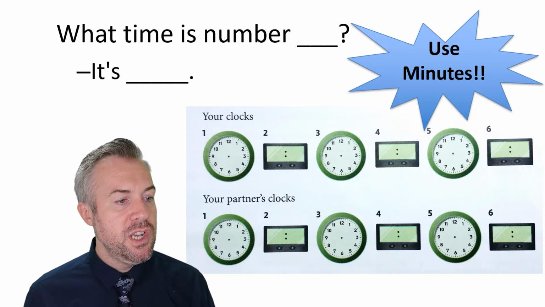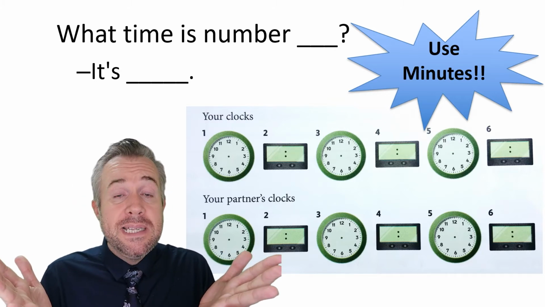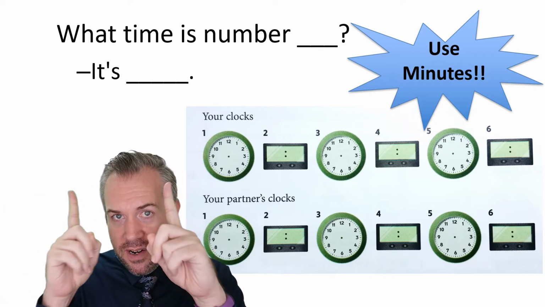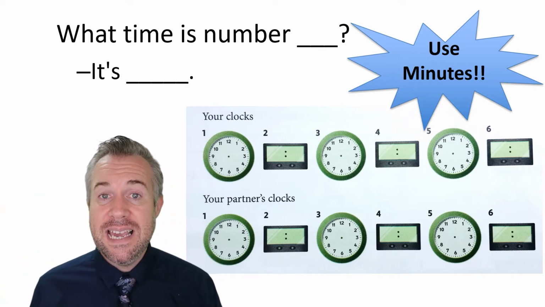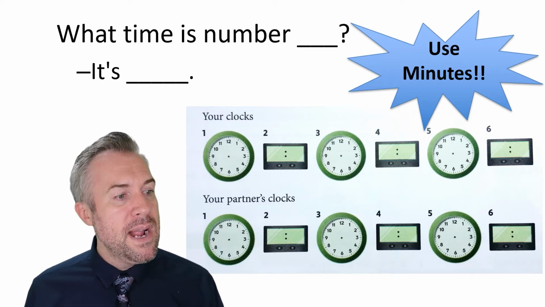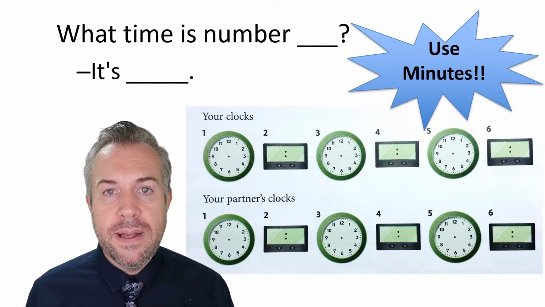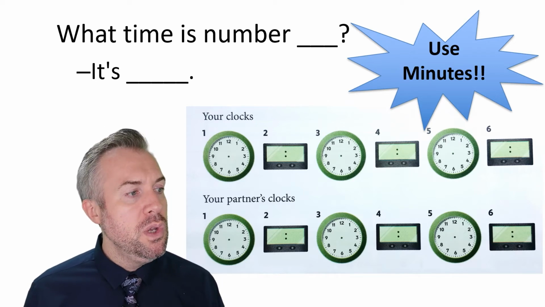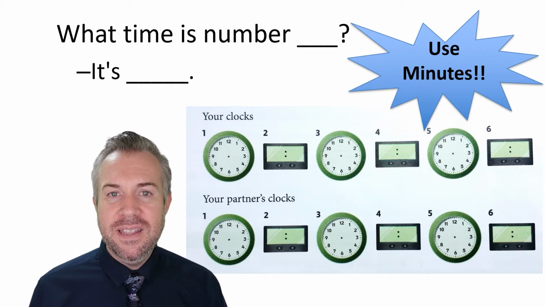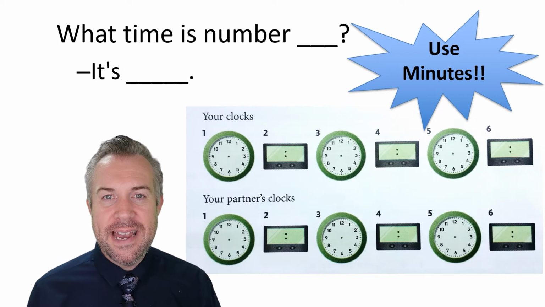When you are finished, you will have 12 clocks. Some of them might be the same. Maybe you and your partner are synced and you have the same ideas. That's fine. But practice that if you can with a friend or family member. I will show you my activity that I've done with my extra special guest on this week's video. Let's have a look at that.